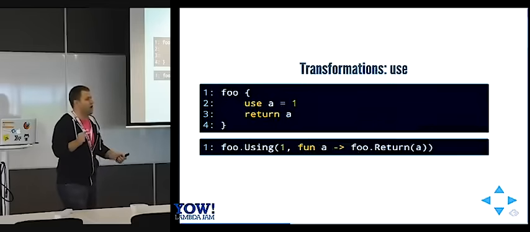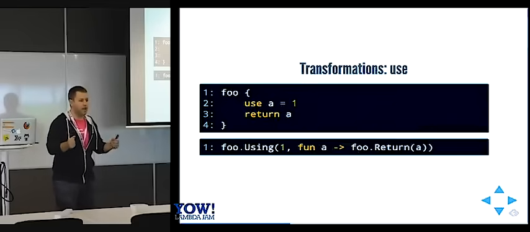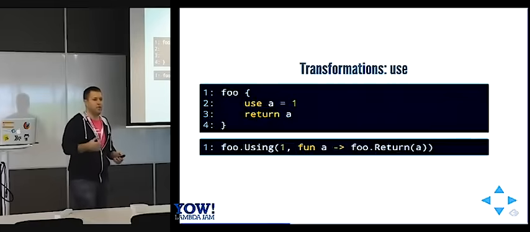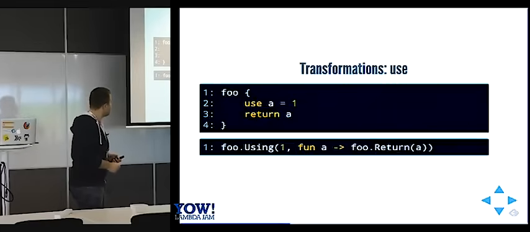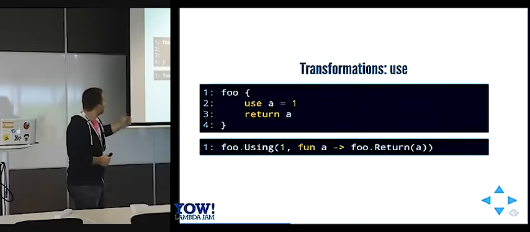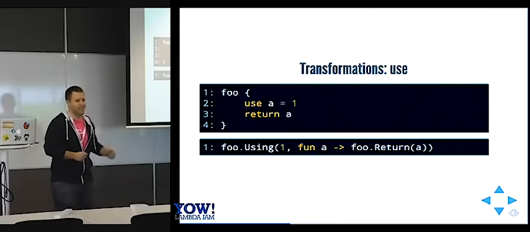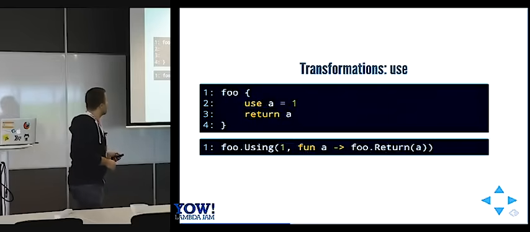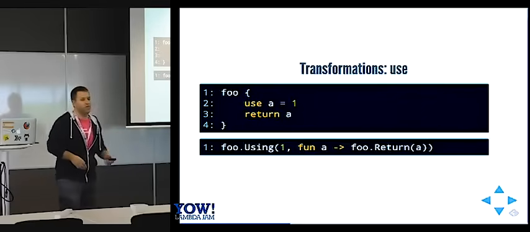F# being a hybrid language and fitting in with the .NET framework needs to support things like resource disposal in a similar way to the way C# does it. So basically it transforms a use call. So normally an integer wouldn't need to be disposed. In this example it is. Into basically a call that separates out the value you've got from, once again, the continuation.